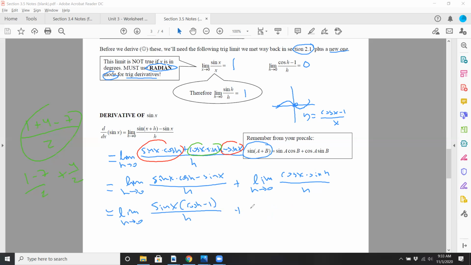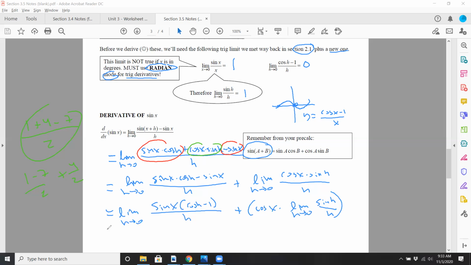I'm going to pull cosine x to the left because it doesn't have h involved. That's totally legitimate. It's kind of like a constant in a way, because it doesn't have h in it, and limits involve h.